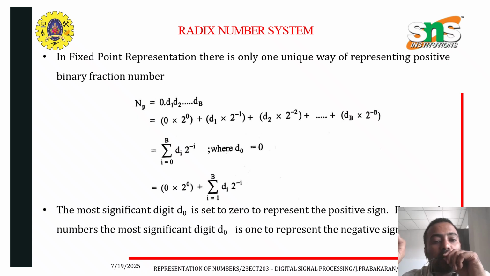Decimal value 1 to etc., which is denoted as the sum of I equal to 0 to B, d suffix I, 2 power minus I. This is for the positive binary fraction number for fixed point representation.